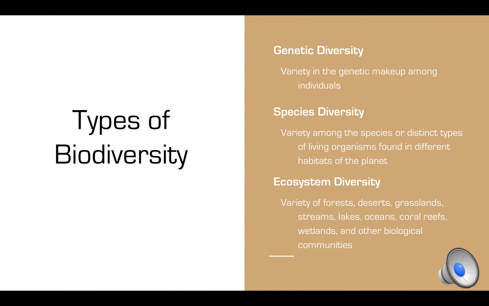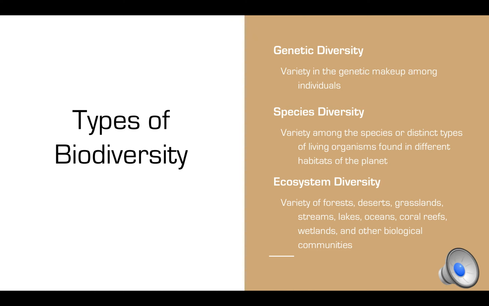So this is looking at brothers and sisters and interbreeding pairs and different closely related organisms as well as widely separated organisms, and hoping for a genetic difference and lots of different genomes and mutations and just having that wide variety of genetic makeup. Species diversity, on the other hand, is looking at a variety among species. So we're looking for lots of different species or distinct types of living organisms that are found in different habitats of the planet.